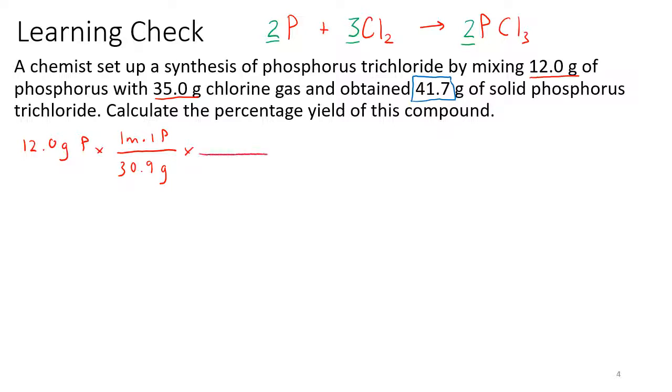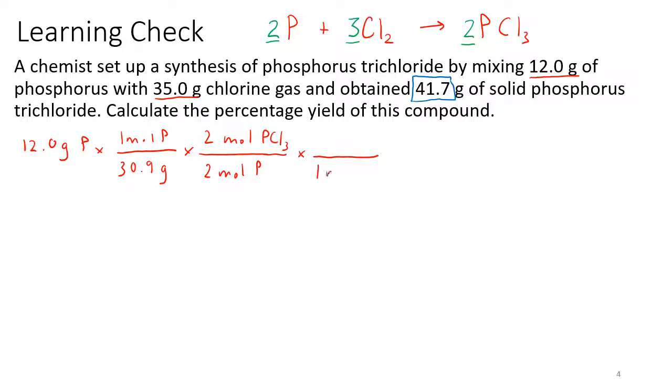Then using our balanced equation, we can go from moles of phosphorus to moles of our product. Every 2 moles of phosphorus that react, 2 moles of PCl3 are formed. That comes from our balanced chemical equation and the coefficients out front.